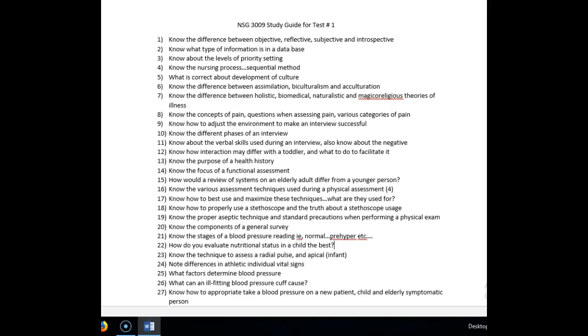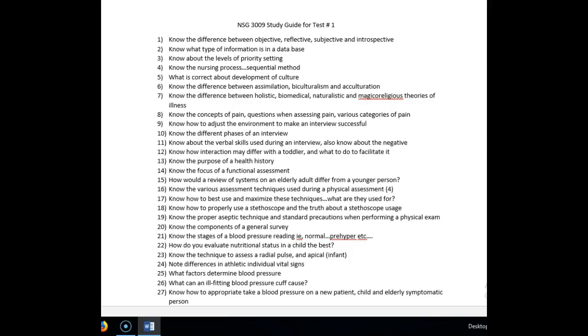So know the difference between hyper and hypo. Hyper being like them having a fever, hyperthermia, and hypo being cold. Know that if a person has a fever, it's because they have inflammation. Know that things like a woman menstruating or a person ovulating or exercise or age could cause a difference in the temperature.